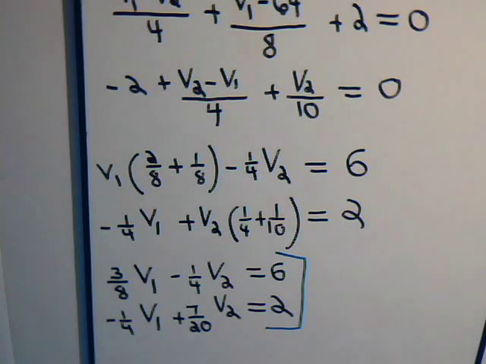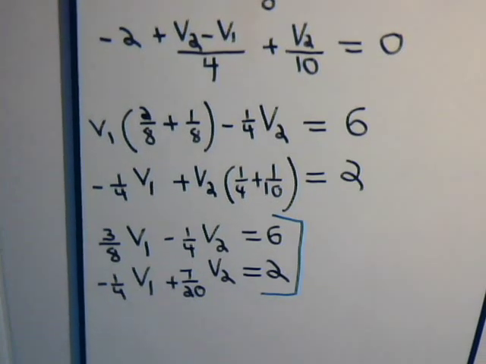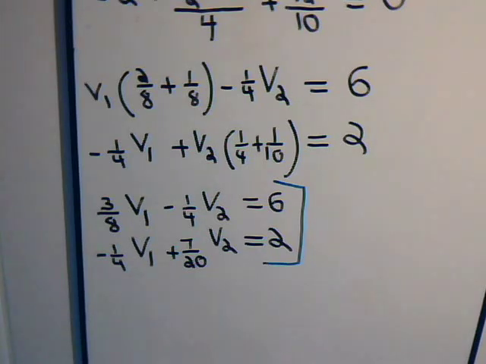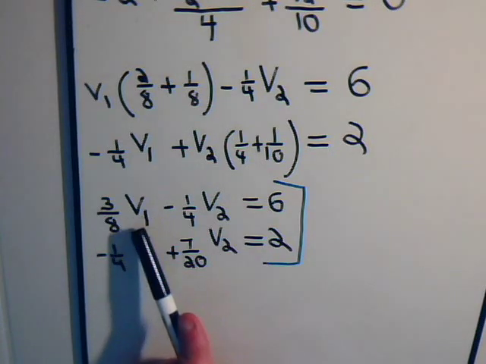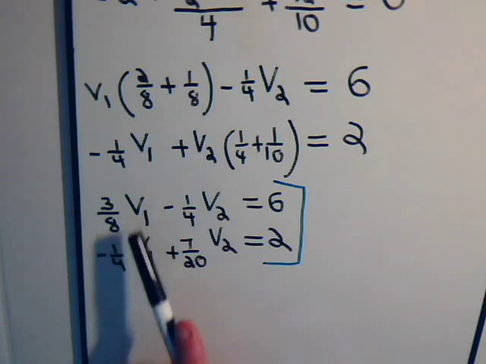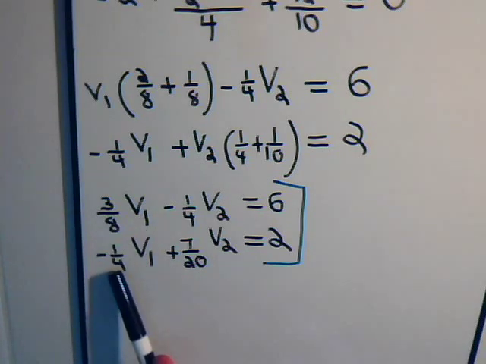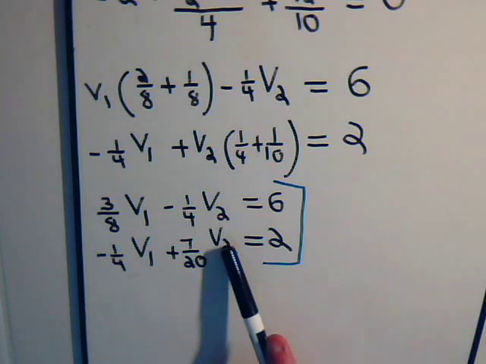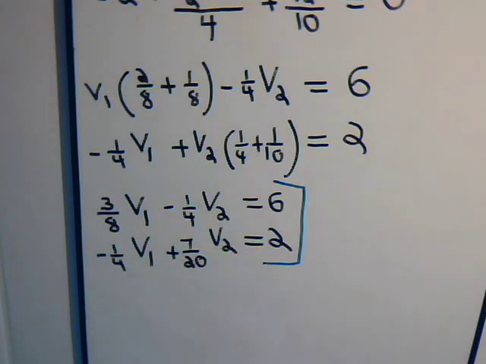We can see, yes, we have two unknowns to solve for, voltage V1 and V2, and we have two simultaneous equations. It's a pretty simple system, but let's just go ahead and set this up and solve it using determinants as you saw us do in the previous videos. To begin with, here we have the coefficients of V1 in a column like this, and here we have the coefficients of V2 in a column like this.